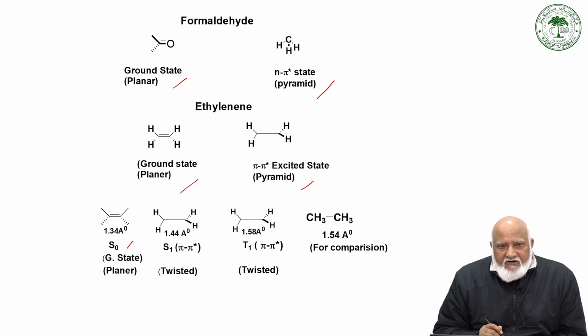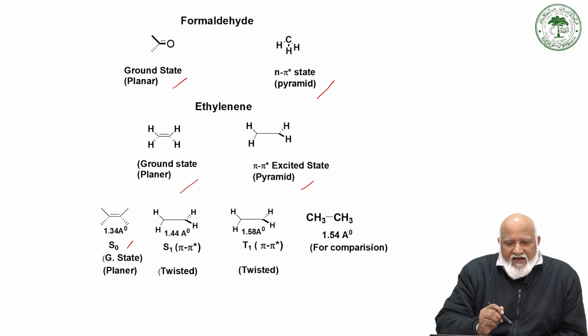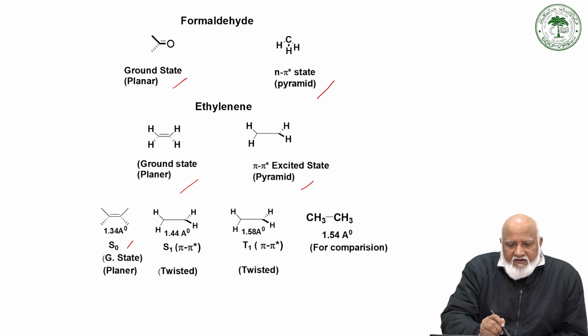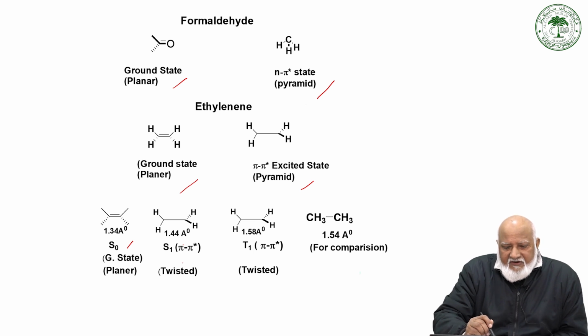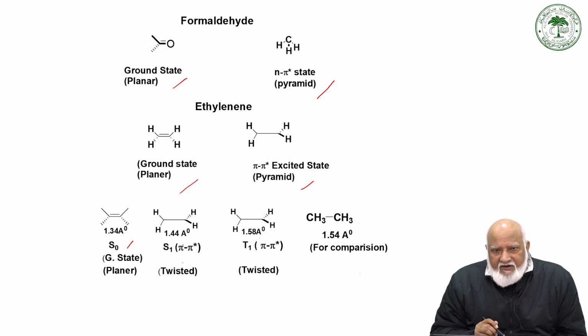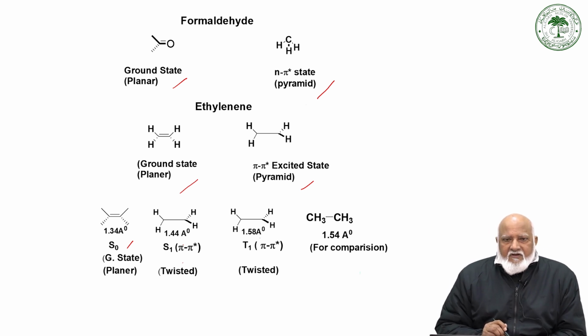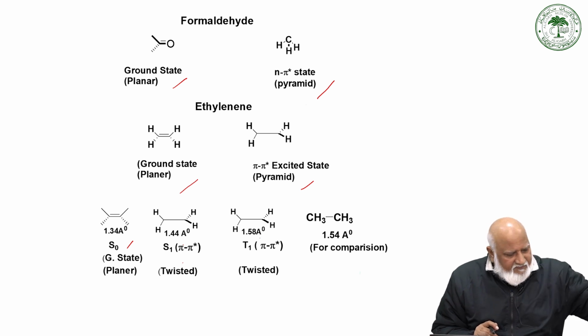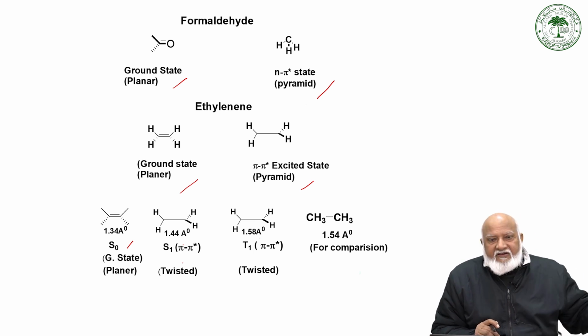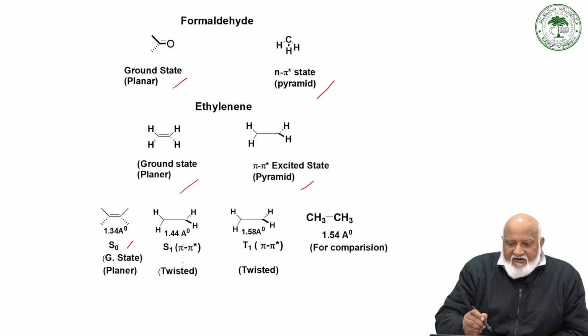The double bond character is lost, and there is a change in bond length from 1.34 to 1.44 in the excited singlet state, and then to 1.58 angstrom in the triplet state.